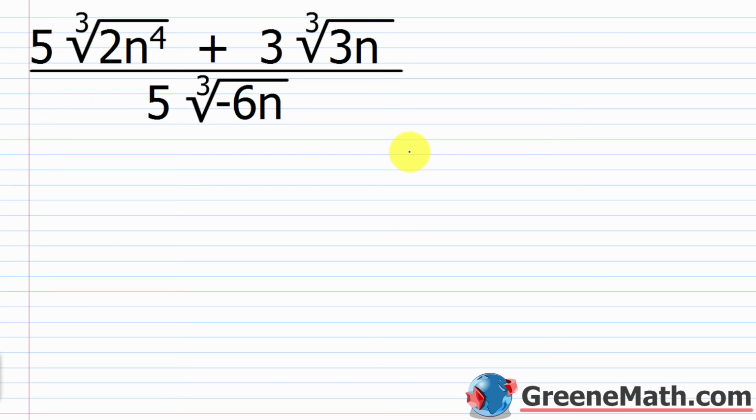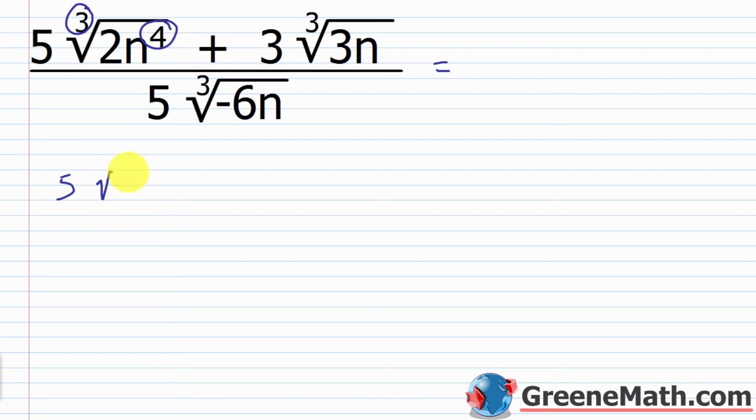All right, so for the next one, we have 5 times the cube root of 2n to the fourth power plus 3 times the cube root of 3n over 5 times the cube root of negative 6n. So what we want to think about here, we have 5 times, let's break this up a little bit. We know if we see an index of 3 and an exponent of 4, we can do something there.